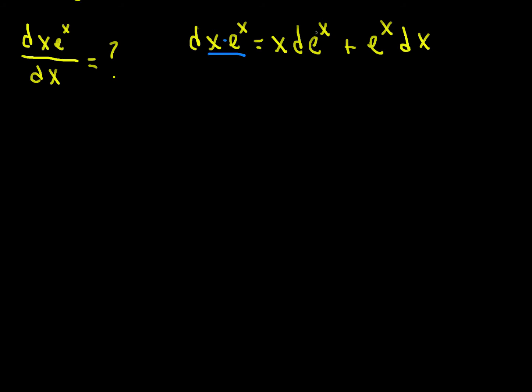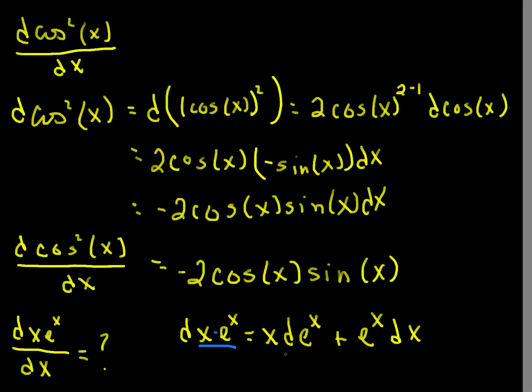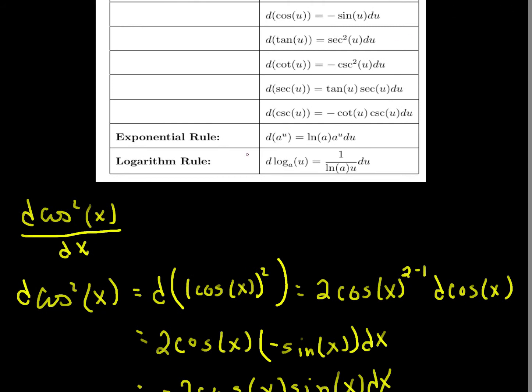And the differential of e to the x: my base here is e, so based on our rule it's natural log of e times e to the x, but the natural log of e is 1, and so this is simply e to the x.